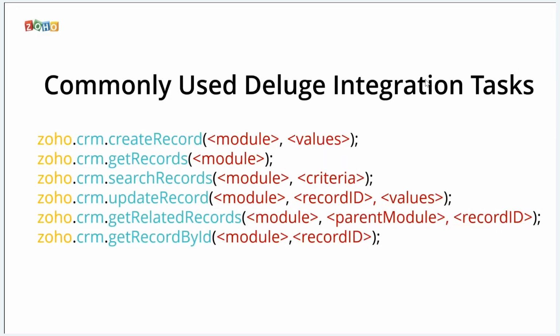So depending upon your action, the parameters change, right? So for example, if you want to use get records, you need to just mention the module alone. But if you want to search records with Zoho CRM, you will have to enter the module as well as the criteria there. So the parameters change depending upon the actions that you select.